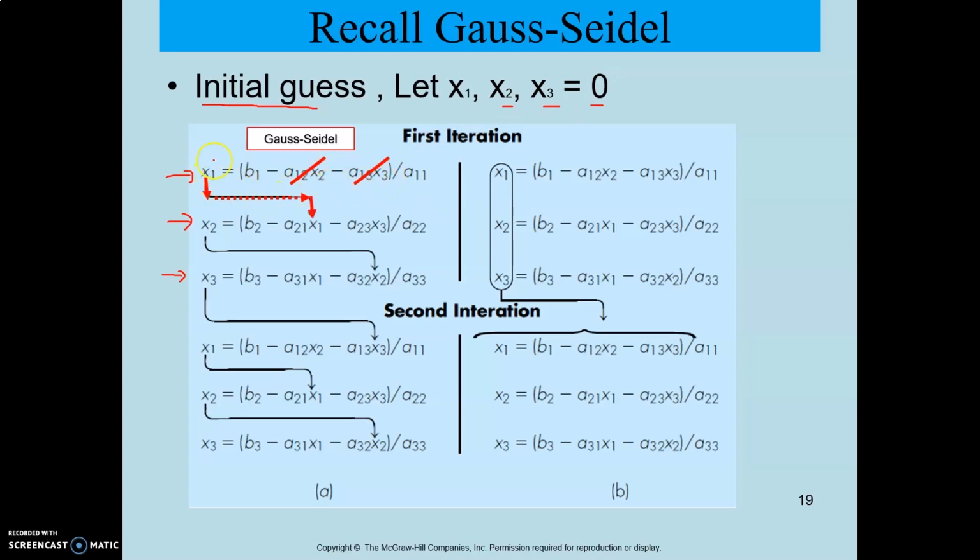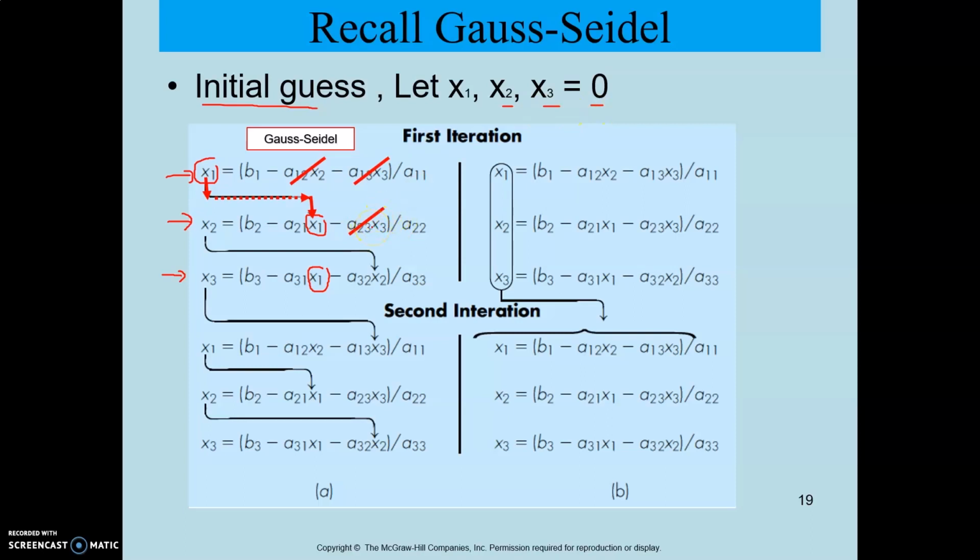Once you get the x1 from the first equation, you substitute it into the second equation. So the x1 is substituted here, and also into the third equation. x3 is unknown, so we follow the initial guess, which is equal to 0.